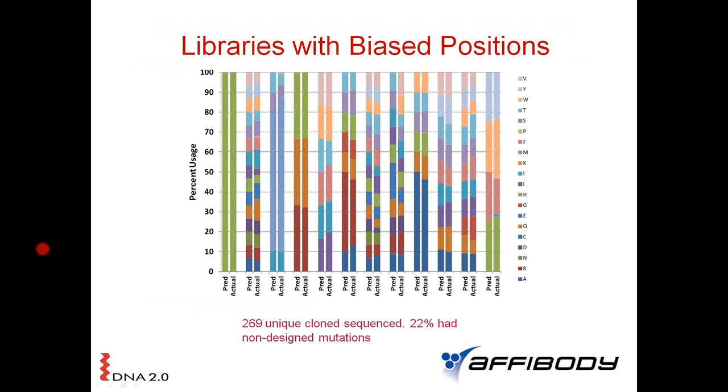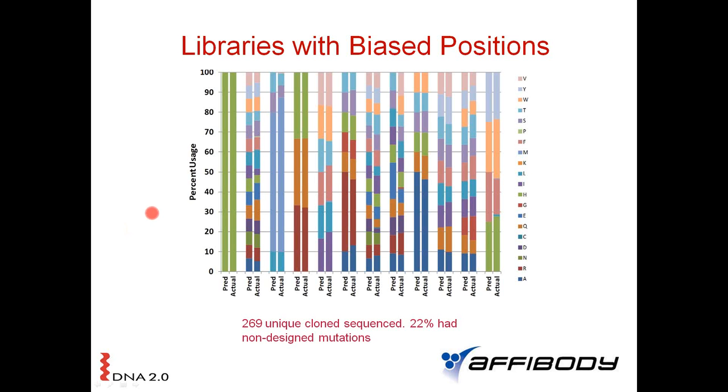Now, one of the factors in thinking about a site library like this is that in addition to simply specifying a selection of codons in any single position, you can also think about trying to bias the distribution of codons within any individual position.